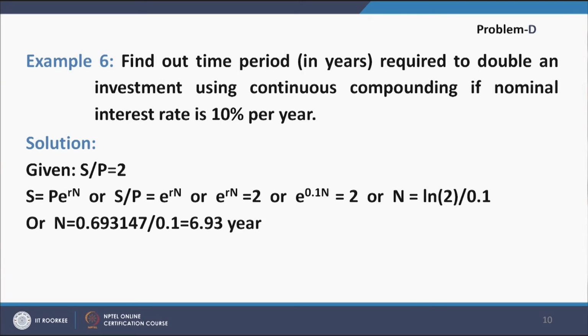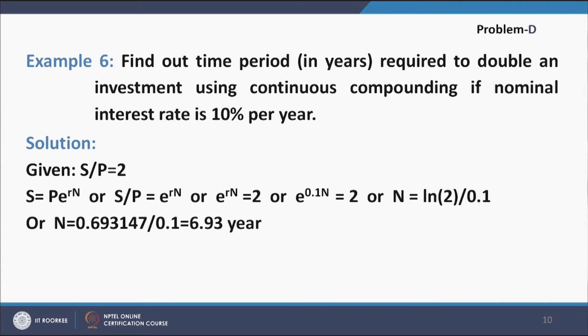Now, again problem D, this is example 6. Find the time period in years required to double an investment using continuous compounding if the nominal interest rate is 10% per year. Solution: here S by P is equal to 2, and we know that for continuous compounding S is equal to P e to the power Rn, or S by P is e to the power Rn, or e to the power Rn is equal to 2, or e to the power 0.1n when we put the value of R as 0.1 because it is 10%.